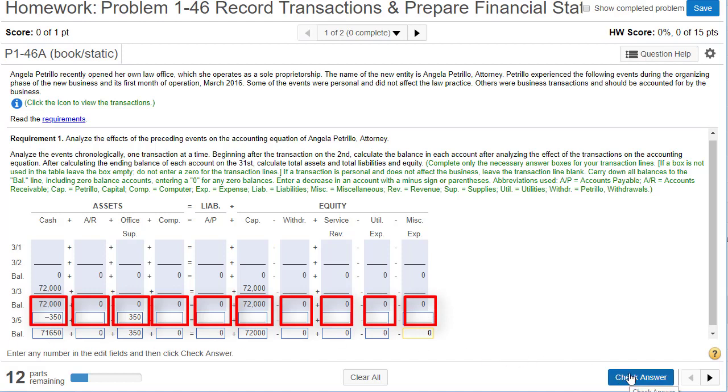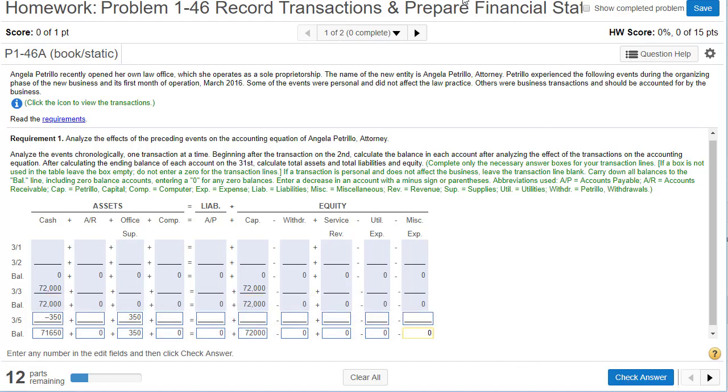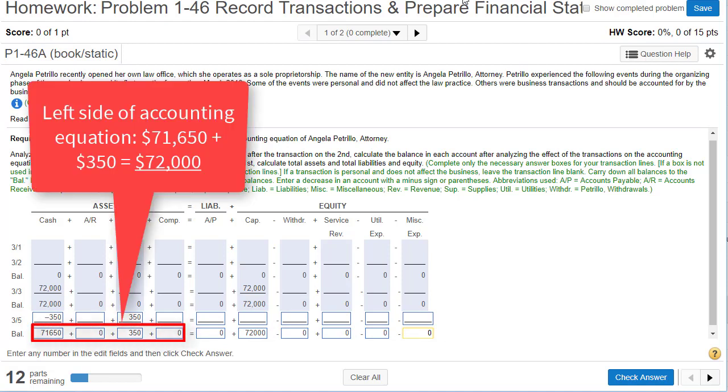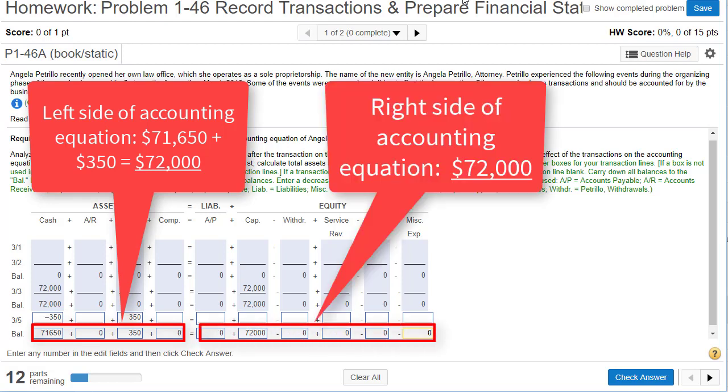Then we check our answer. Oh, before we check our answer, we should double check that the left side of the accounting equation, assets, equals the right side, liabilities plus equity. And they are equal.